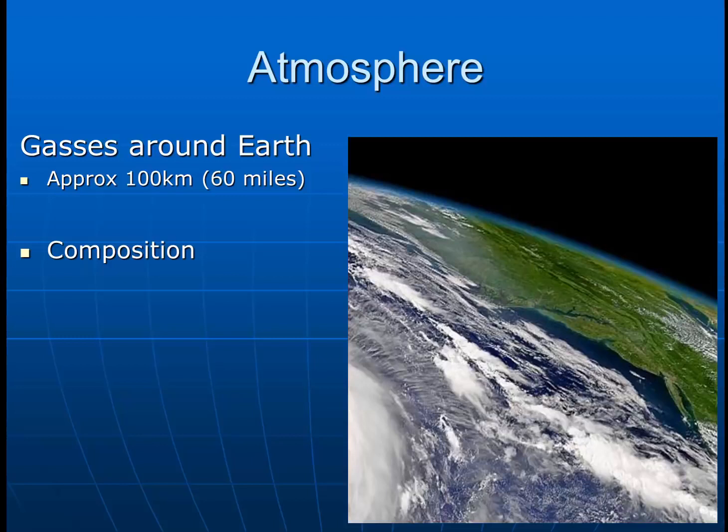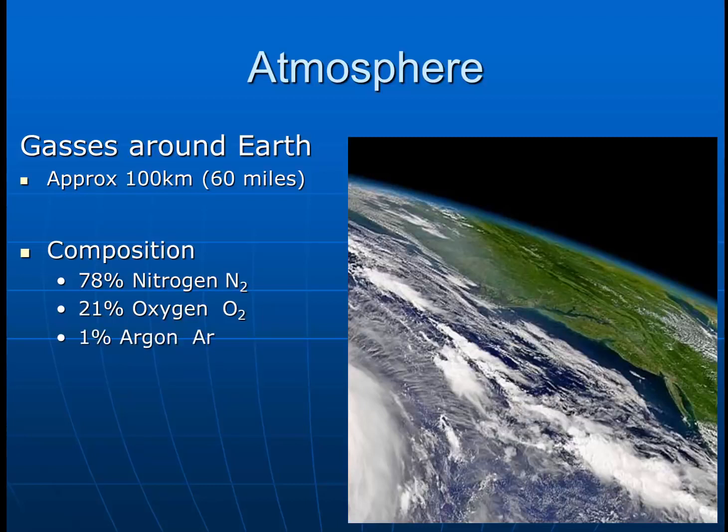In terms of the composition, the Earth's atmosphere is mostly made out of nitrogen gas at 78%. We have a significant amount of oxygen, approximately 21%, and also a small amount of argon in our atmosphere. It's also worth noting there are some other trace gases, such as CO2 and water vapor, that are also very significant to the makeup of Earth's atmosphere.